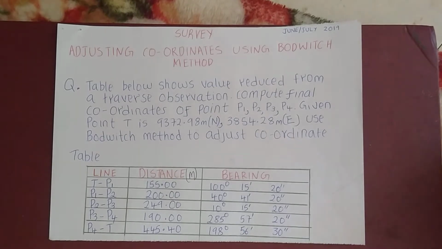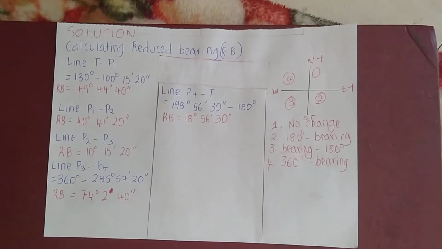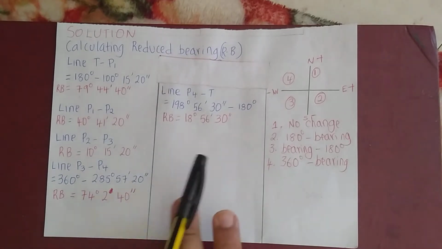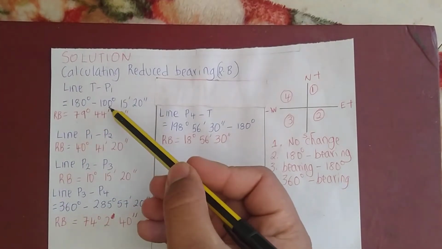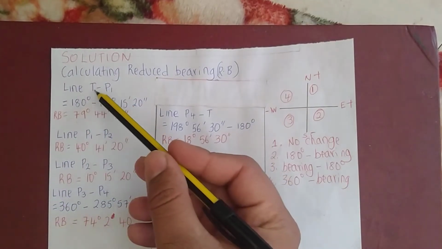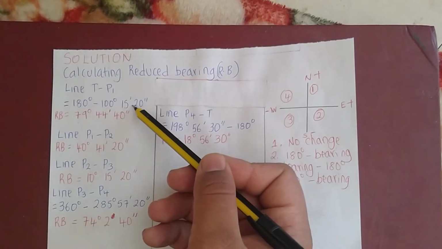So let's go to the solution straight away. First of all, we shall calculate the reduced bearing. We were given the bearing of line TP1 as 100 degrees 15 minutes and 20 seconds.